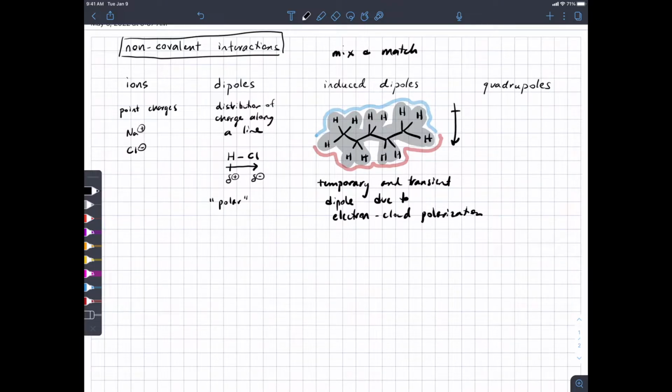Yeah? So, would that polarization be caused, for example, say a chloride ion just got close to it, would it shift the electrons away? Yes. Great question. So how might this occur? It can occur instantaneously with time, but it often occurs in response to the presence of other nearby molecules.